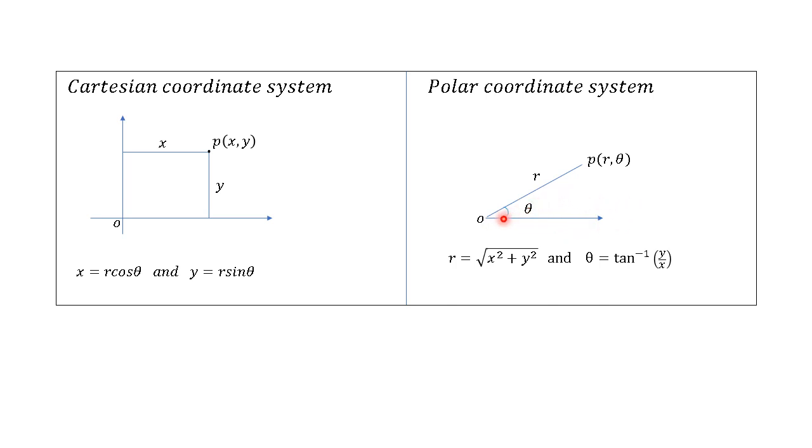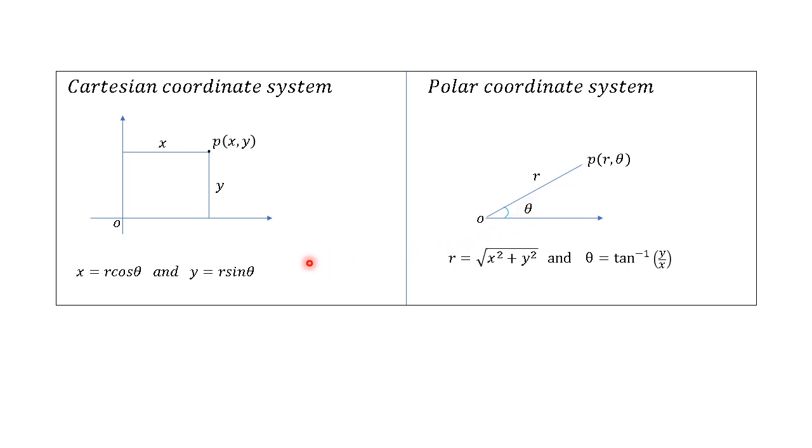The distance from the pole is called the radial distance, or simply the radius, and it is denoted by r, and the angle is called the polar angle. Angles in the polar coordinate system are generally expressed in either degrees or radians.